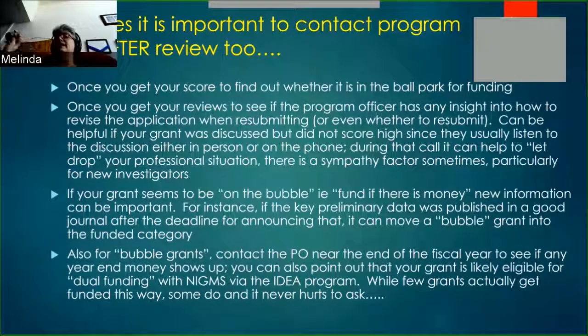We had an investigator here who had gotten a fundable score on their R01 while they were in the process of doing their tenure application. And she talked to her program officer because it would be very, very valuable for her to have a funding letter from NIH before her tenure application goes through all the steps in tenure.